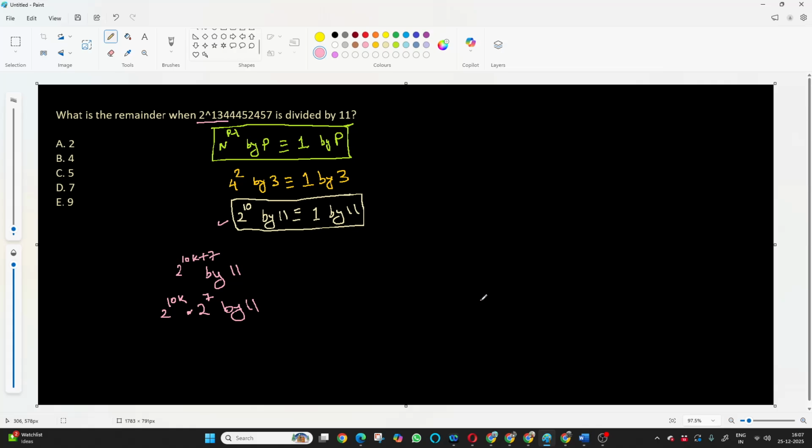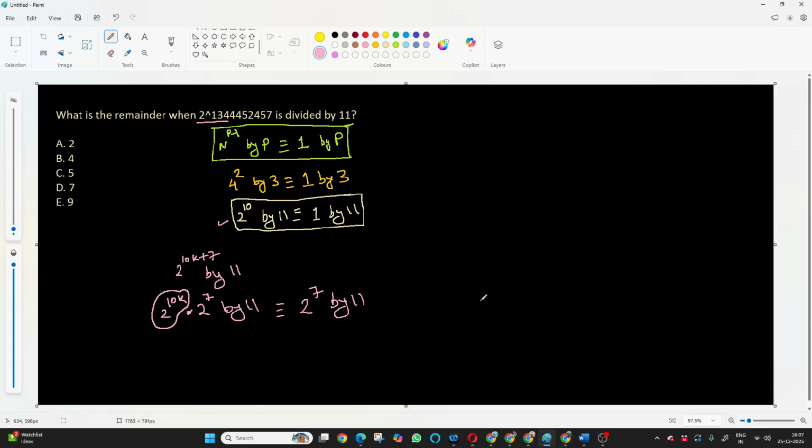And we have 2 to the power 10k, so that will yield a remainder of 1 to the power k. K is a positive integer, so 1 to the power k will also be 1. So this entire part will yield remainder 1 with 11. If that is the case, we are simply left with 2 to the power 7 by 11 as the remainder.